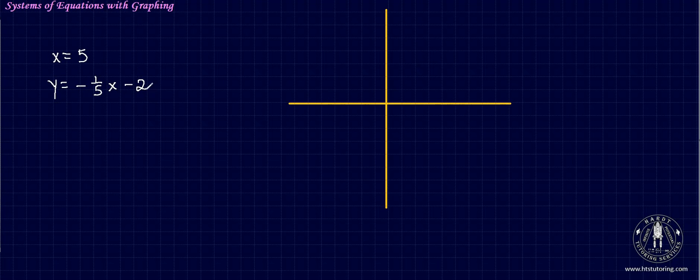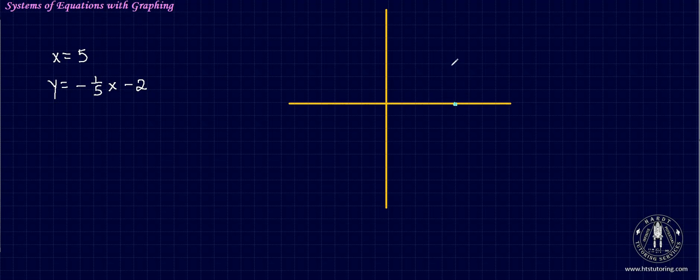So let's graph x equals 5 first. All right, so we have x equals 5. So in this equation, we don't have a y, only an x, and we know that x equals 5. So we really don't care what y is. We only care what x is, and x has to be 5. So let's go over here. We're going to find where x equals 5. So we have 1, 2, 3, 4, 5.